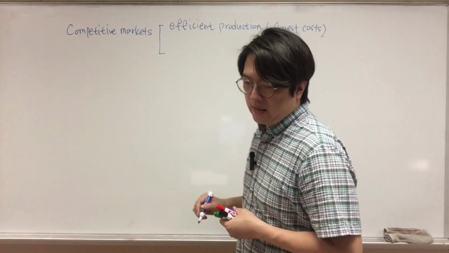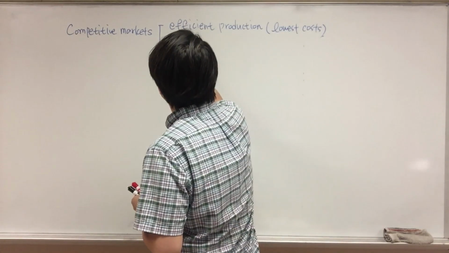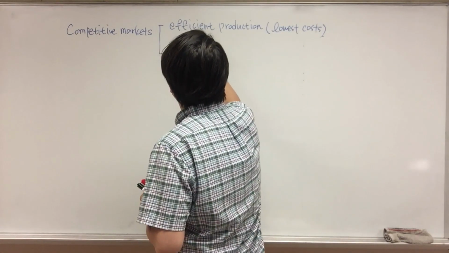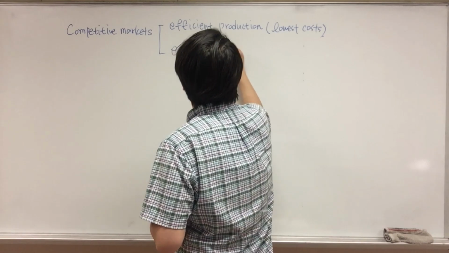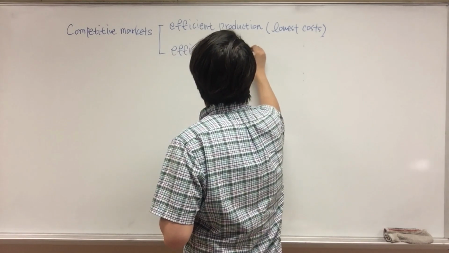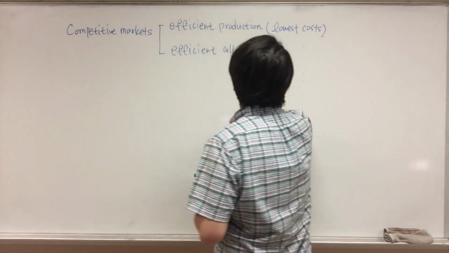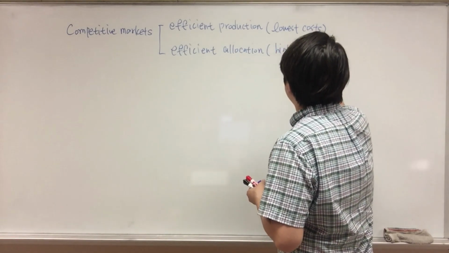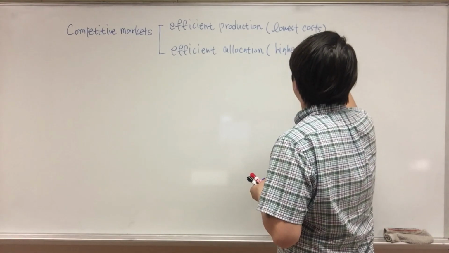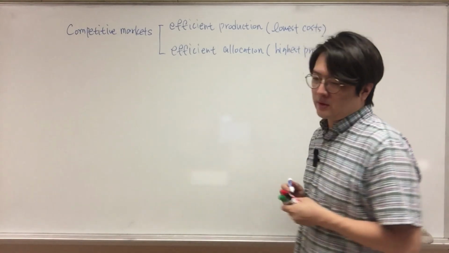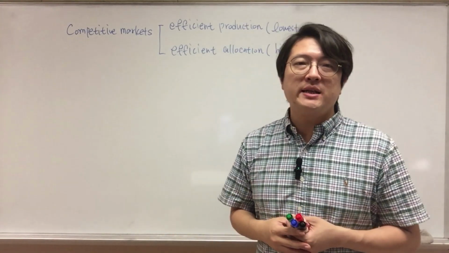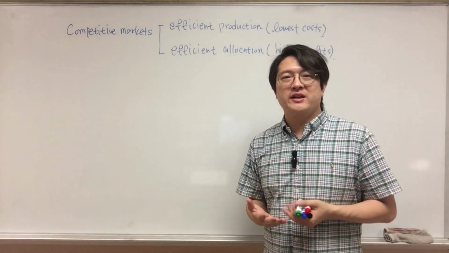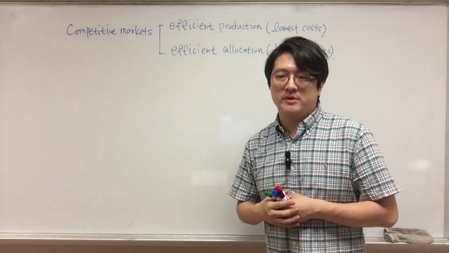At the same time, there is efficient allocation at the highest profits. Okay, so we can understand why the rational rule can get the highest economic surplus.